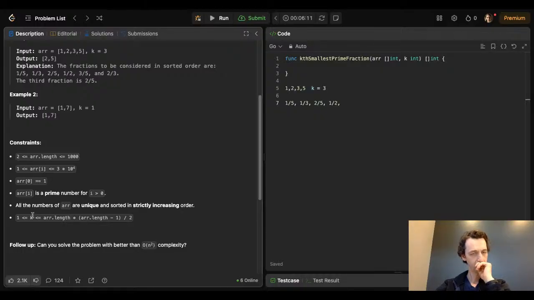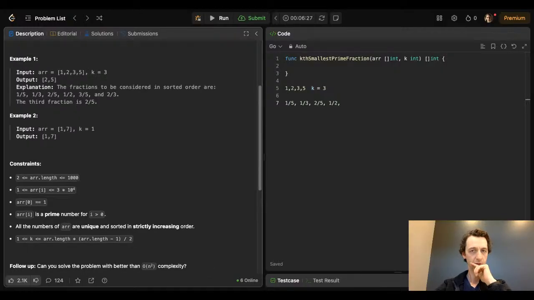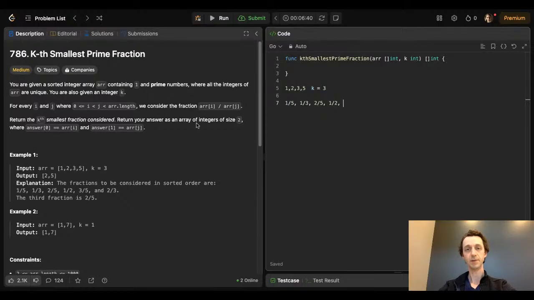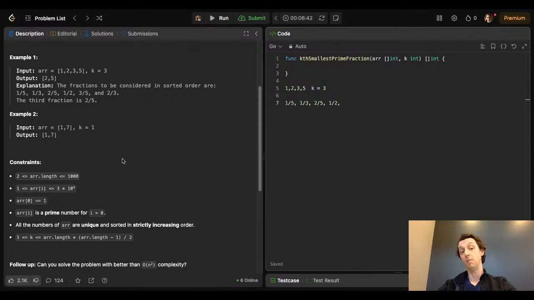K has this constraint of the length. Okay, can you solve the problem with better than n squared time? Because n squared would be to create the list of all the fractions, and then just sort them, and then just get the result.